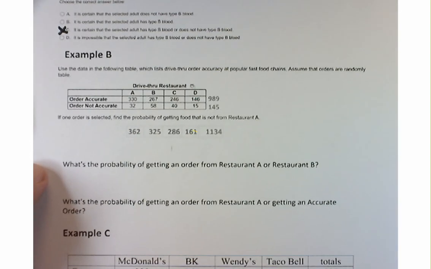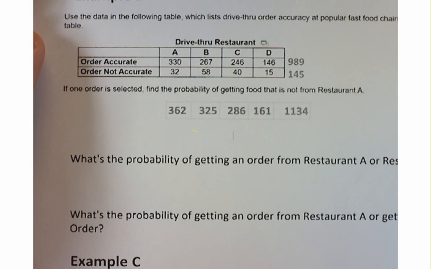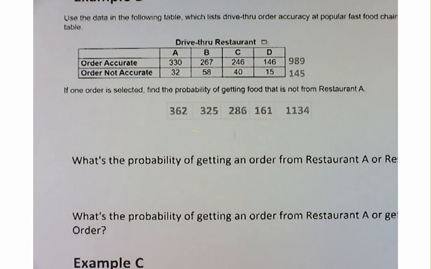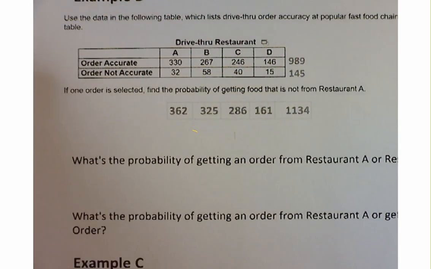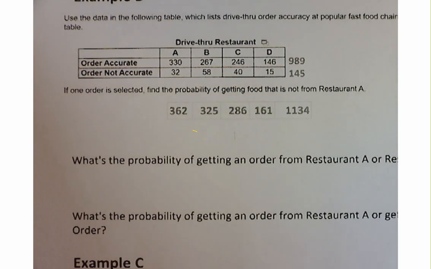Now we're going to start working towards calculating more and more probabilities here. We'll start with this one. And let me see if I can't zoom in a little bit, make that a little easier to read. This is data that comes from drive-through restaurants. What happens when the book goes from a physical copy to the electronic copy is that they anonymize all these problems.